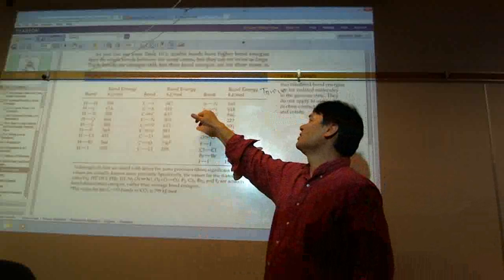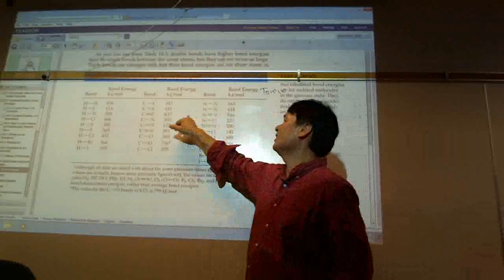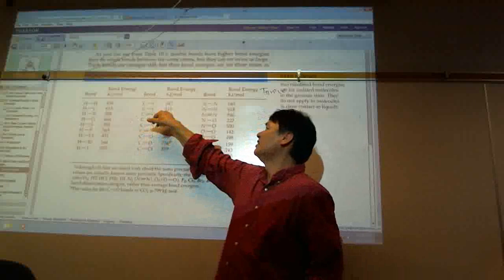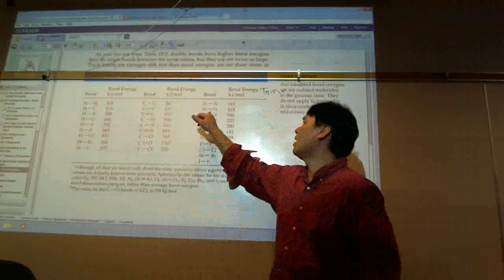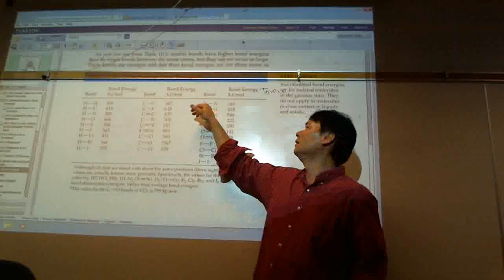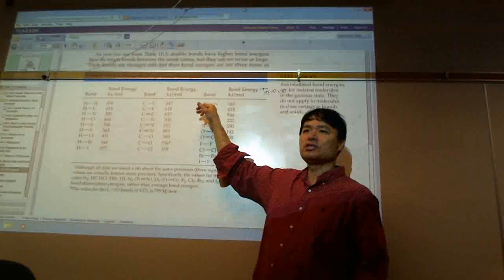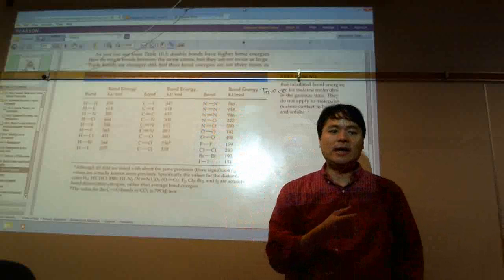Okay, now knowing that, what can you say about nitrogen? It's not the nitrogen-nitrogen double bond that's exceptionally stable. Look at the carbon-carbon double bond, 611. The question should not be why is this more than double. The question should be why is the nitrogen-nitrogen bond so weak? Then that makes sense.